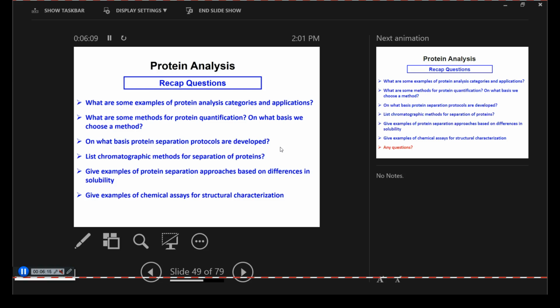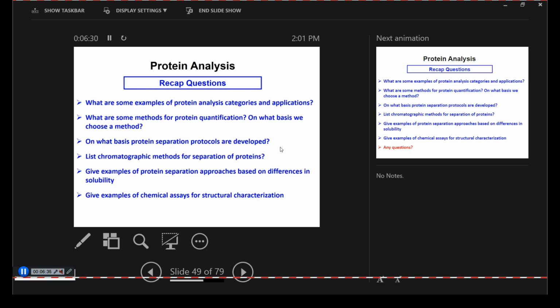Most of the methods that you use are based on nitrogen. So I'm looking for the method that we choose to isolate. Based on what would I choose to isolate? The biochemical properties, like solubility. Exactly.